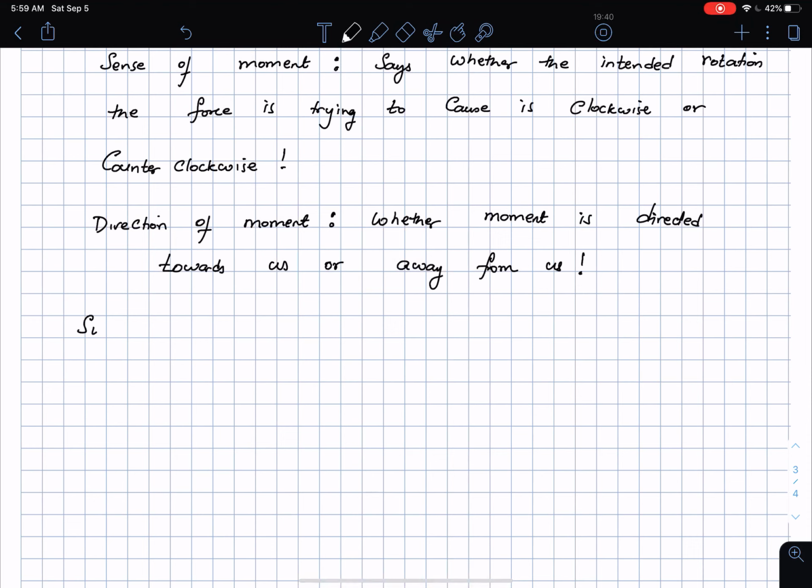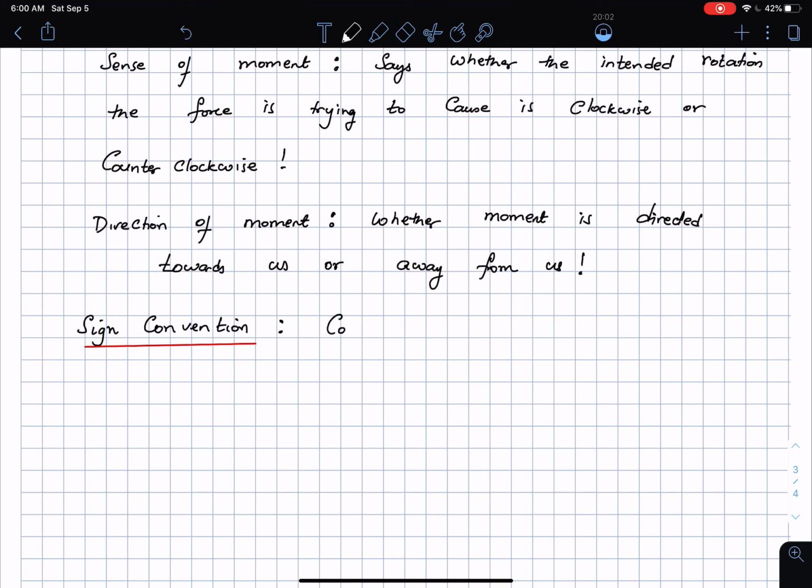And one very last thing is that we will be following a sign convention. Sign convention is because this has been historically followed, and so we're going to continue that particular tradition. The sign convention is the following. Counterclockwise moments are always treated as positive.